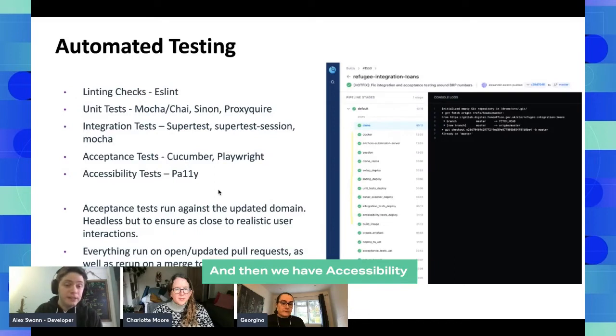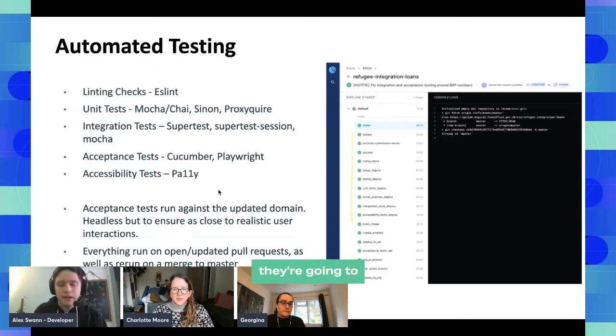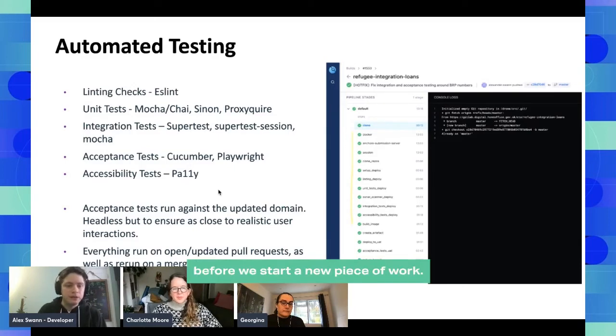And then we have accessibility tests as well with Pally, but I think we're also looking to explore Axe with Cucumber potentially, which is good because it means our team members in QAT don't need to constantly try and do manual tests every time they're checking a new piece of work. So by having more of this, it really does help them as well. And we're always trying to think about that before we start a new piece of work.